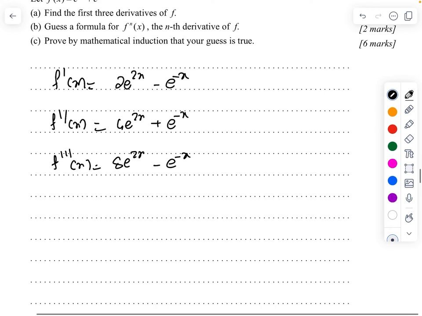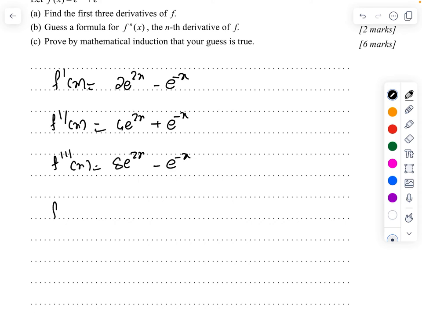Then guess the formula for the nth derivative. The nth derivative of f will become 2 power n e power 2x plus (minus 1) whole to the power of n e power minus x.